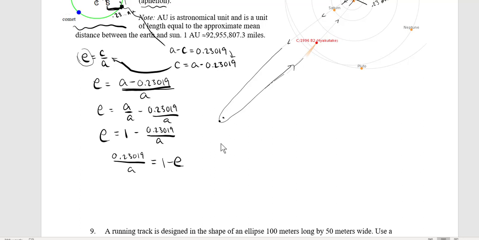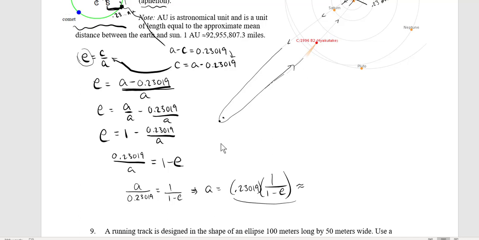Well, I'm trying to solve for A, so maybe I take a reciprocal now. And finally, I can solve for A. It's 0.23019 times 1 over 1 minus e. This was nice. I know the eccentricity, so I can plug that in now. Plug all this into a calculator, and I get that A approximately equals, let me actually calculate.